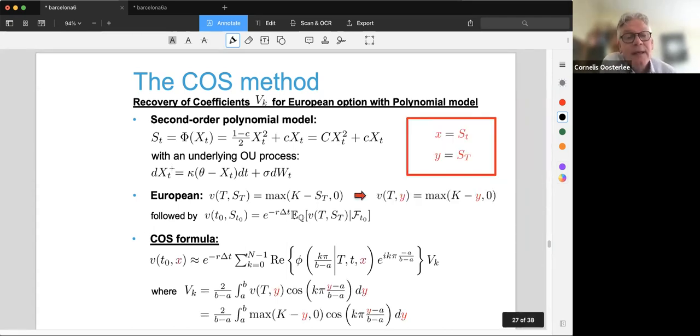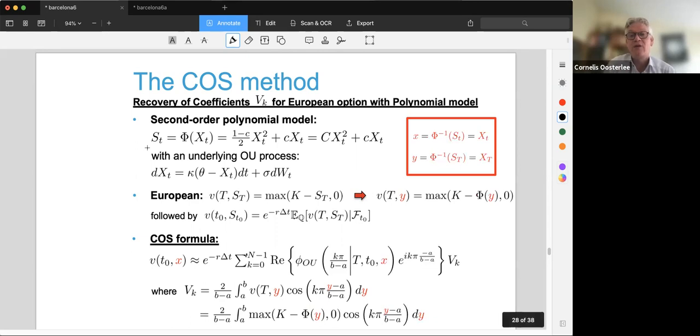If we do this, then we could have x is S_t and y is S of capital T, but then we would need a characteristic function for x, and we would need a characteristic function for y, and we don't have it because that is this function.